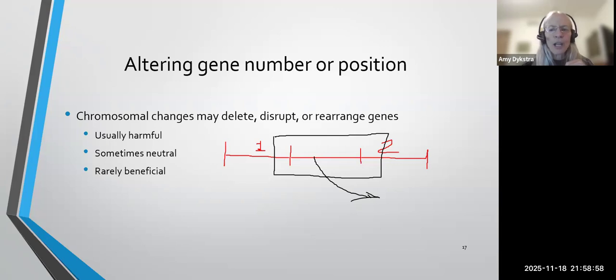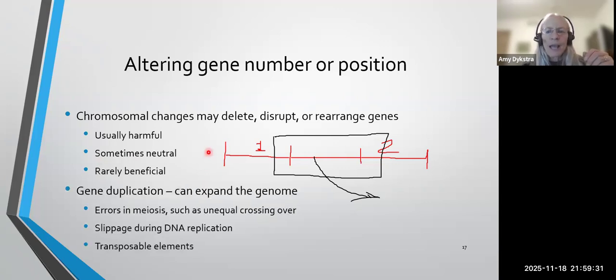Or a chromosome change could rearrange the genes, leave the genes intact, but they could be rearranged. Usually, again, these kinds of changes are harmful. However, sometimes they're neutral. Sometimes if the genes stay intact, they can be on different parts of the chromosome and they can still function as normal, as long as all the transcription factors work. And again, rarely they can be beneficial.